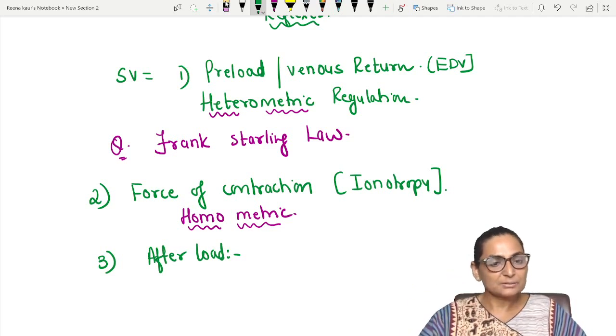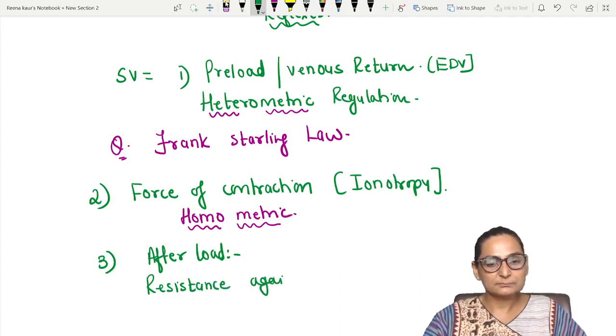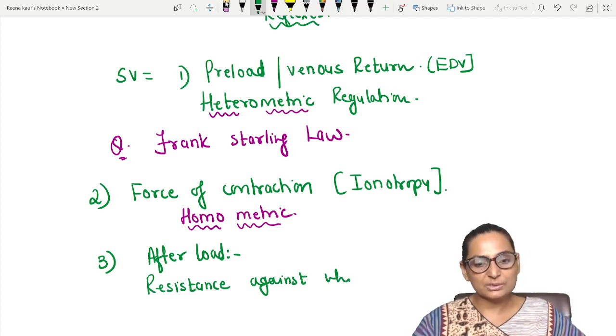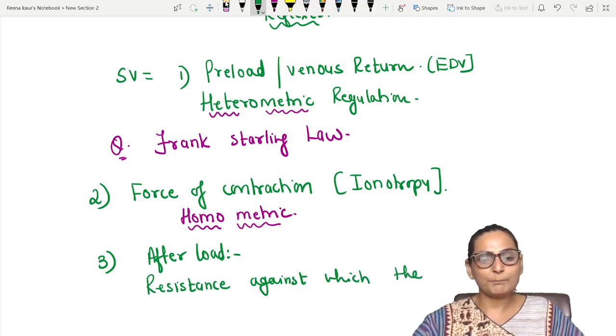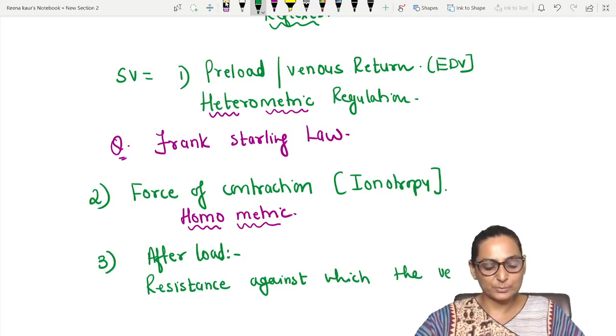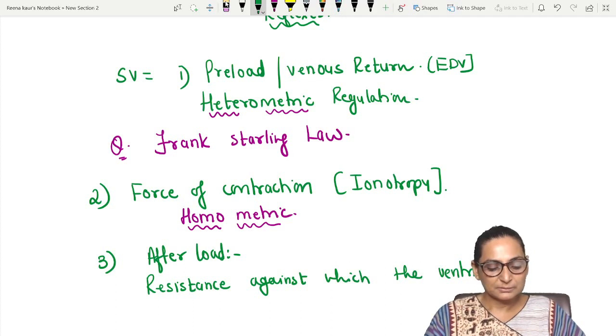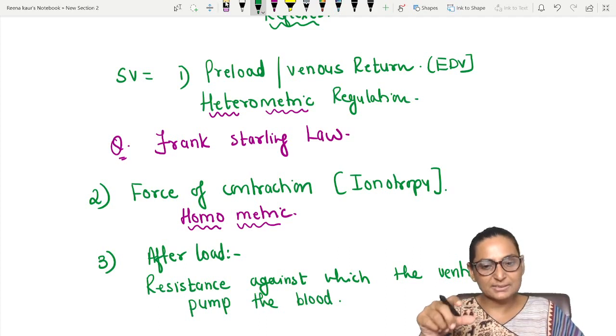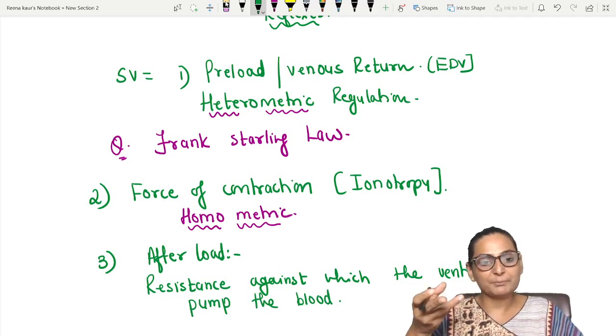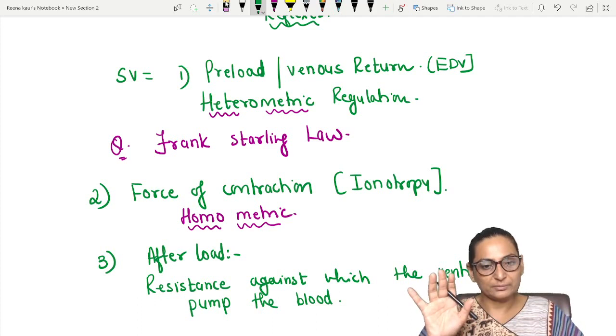So here afterload is the resistance against which the ventricles have to pump the blood. Okay, the resistance against which the ventricles have to pump the blood, that is afterload.